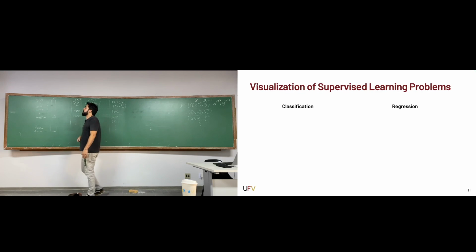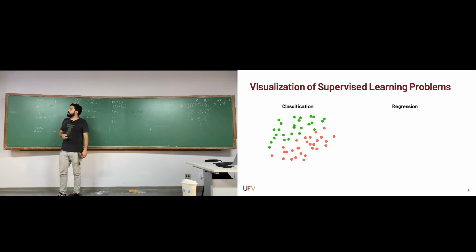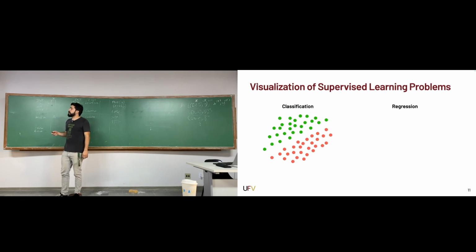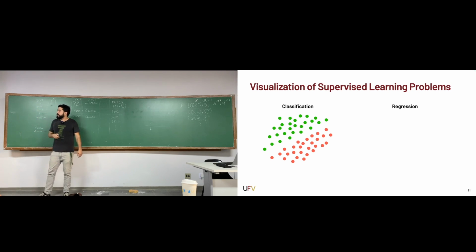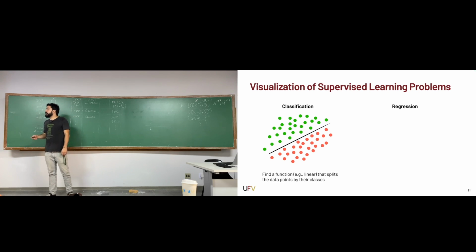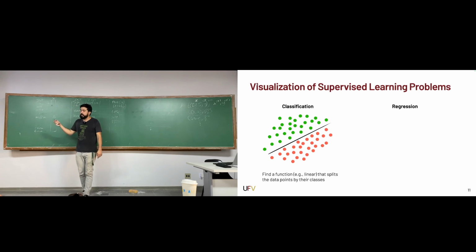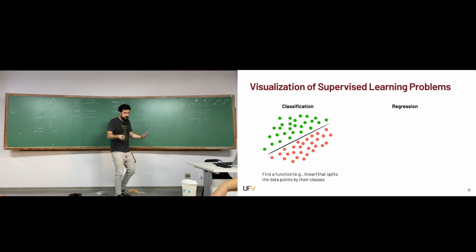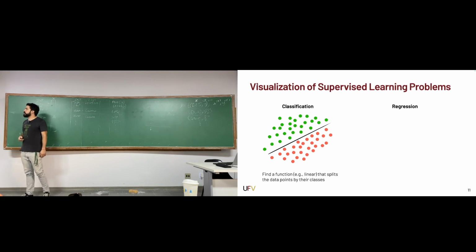Okay, thank you. Okay, so just to visualize the difference between classification and regression, here is a binary classification problem. We have these examples labeled with green and red, and in classification problems, we're going to train a model that can separate this space of examples, right?